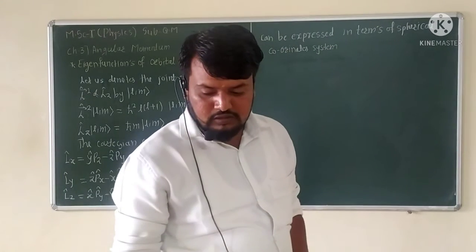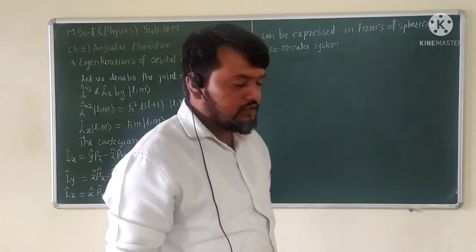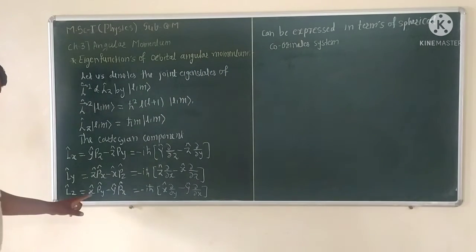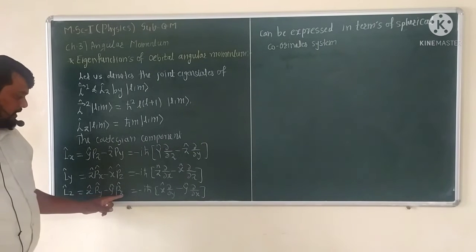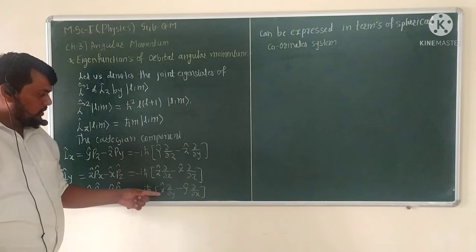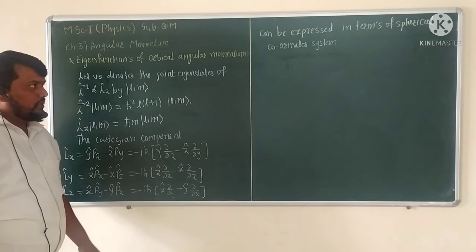If we see here, Lz cap is x cap py cap minus y cap px, equal to minus i h cross of x cap dou by dou y minus y cap dou by dou x.